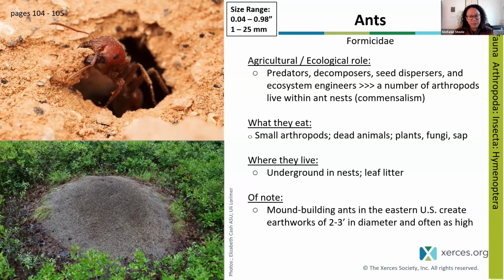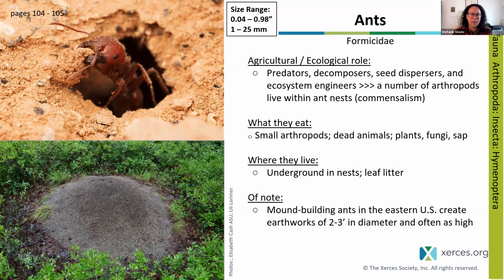Their excavation and mixing of soil makes them one of the most significant insect groups of soil engineers. But they do play multiple roles in the soil food web. They'll help integrate nutrients, they'll help aerate and hydrate the soil, and they are also predators and can contribute to the decomposition of plant and animal material.